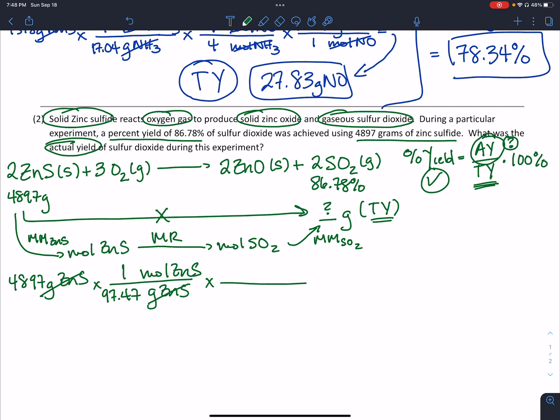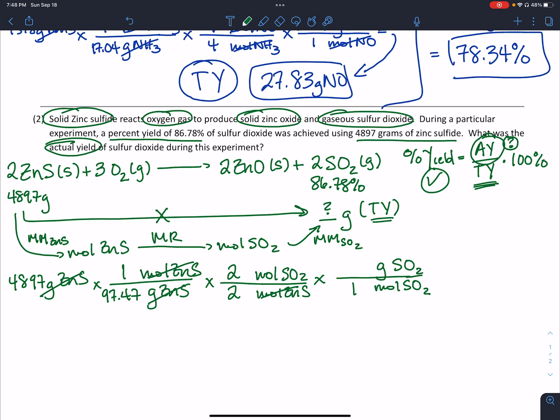Next step, mole ratio step, moles of ZnS in the bottom for canceling, moles of SO2 up top. Then I go check my coefficients. For every 2 moles of zinc sulfide, I produce 2 moles of SO2. So that's going to cancel. And I end with a second molar mass step, this time for SO2. So moles in the bottom, grams up top.